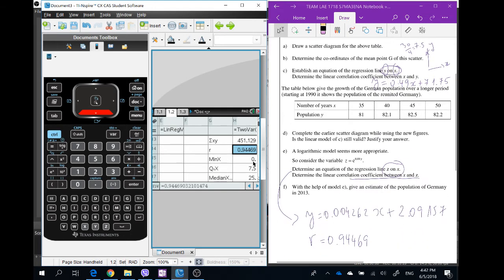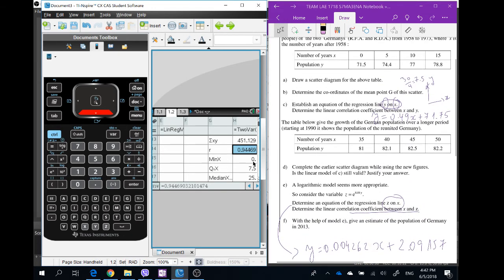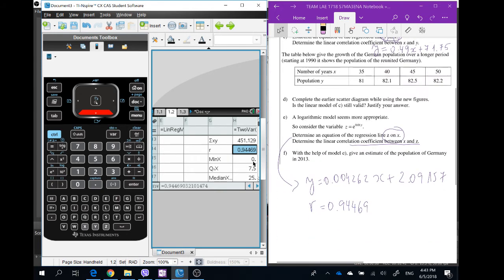So 2013, this will be 1995, 2000, 2005. So 60 will be 2015. So 58, if I'm not wrong, when x is equal to 58.